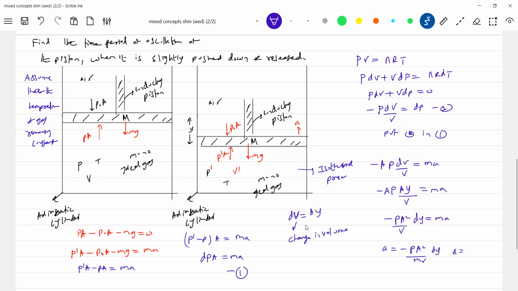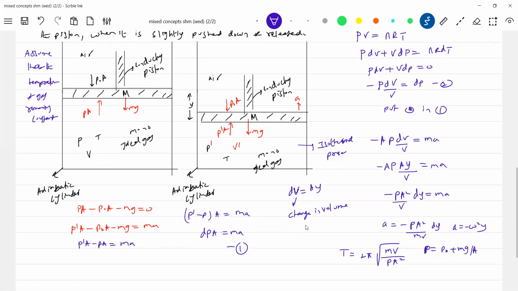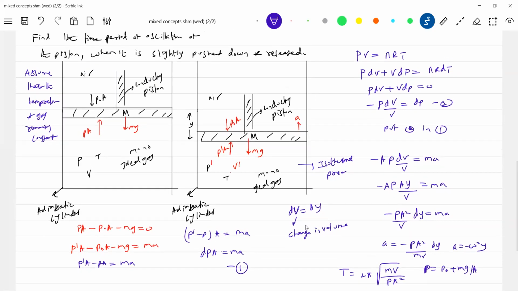Then comparing this with the standard equation of SHM, the time period is given by this. Now we have to be very careful. What is that P? That is the initial pressure; the initial pressure we have, we have to substitute. And what is V? The initial volume of gas. So P is equal to P naught plus mg by A. What is A?